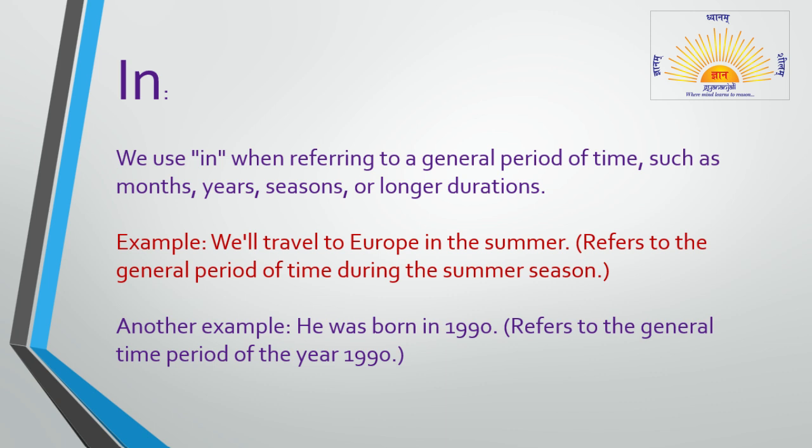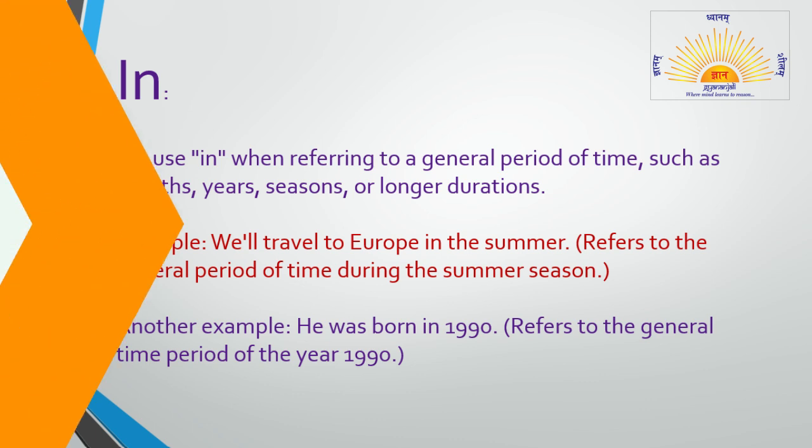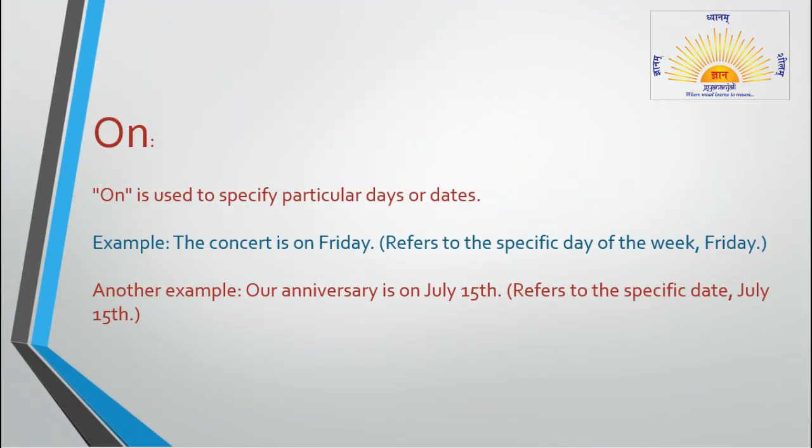Now when to use on? On is used to specify particular days or dates. Let's look at the first example. The concert is on Friday. Now here the word on is specifically telling us on which day the concert takes place.